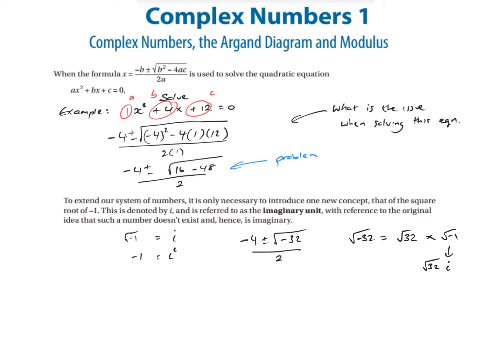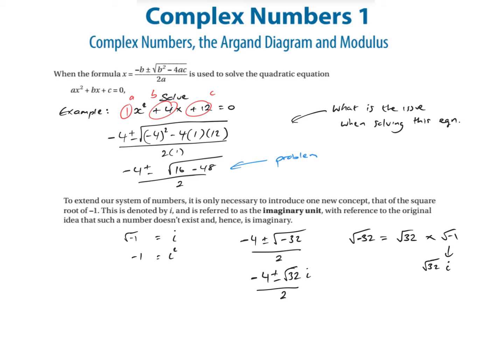I can use my normal laws of surds to break that up if need be, but all I have to do now is just put the i after. So this now means I have minus 4 plus or minus, and the square root of the negative 32 changes to root 32 by i. The i tells us that we're in the imaginary plane, and that's still over 2, and then I can simplify that as needs be.